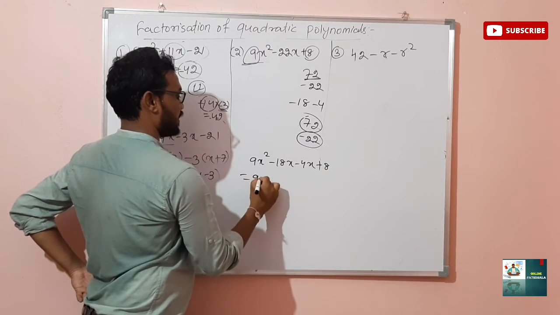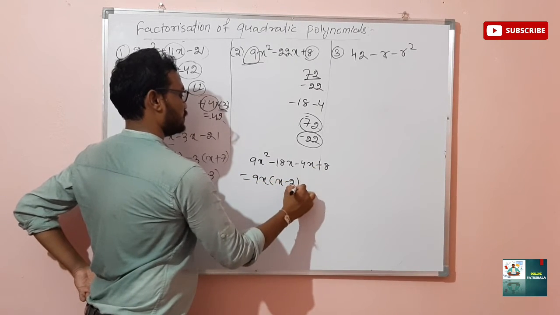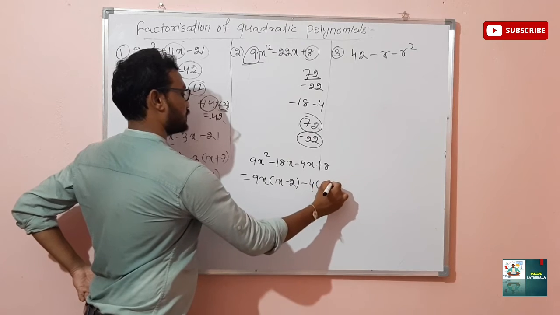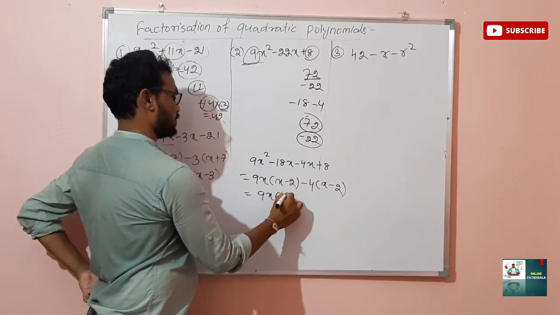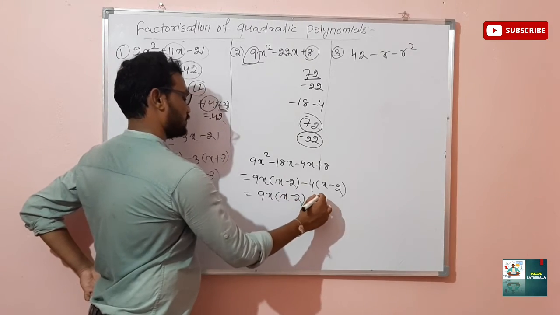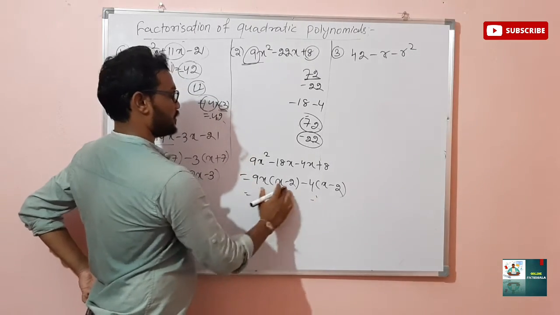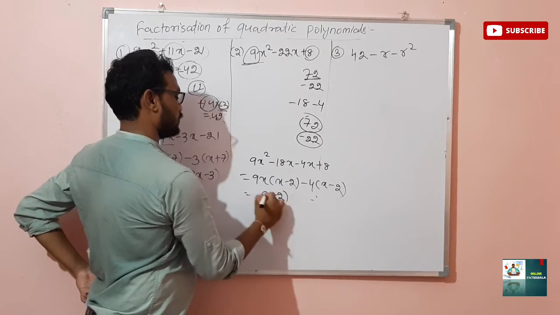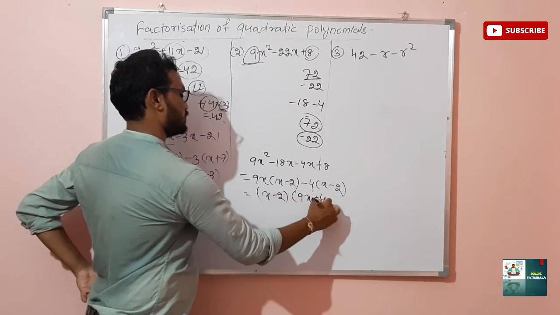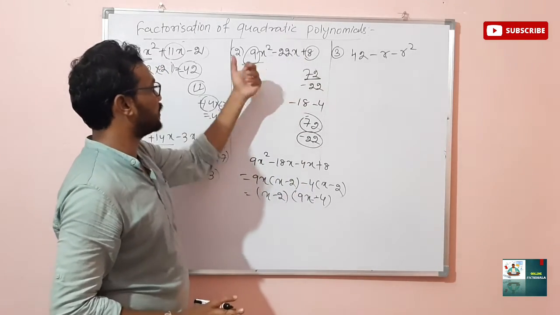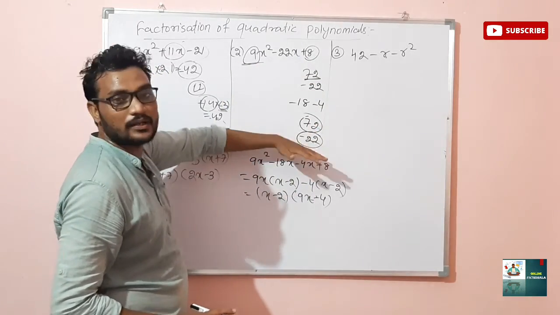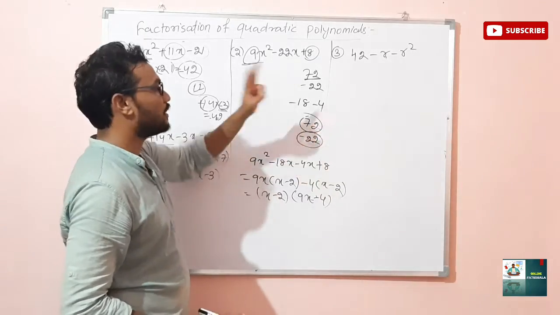So this is 9x into x minus 2, minus 4 into x minus 2. The common factor is x minus 2 in both terms. So it is 9x minus 4 into x minus 2. Nothing else to do, just factorize and you will definitely get the numbers.